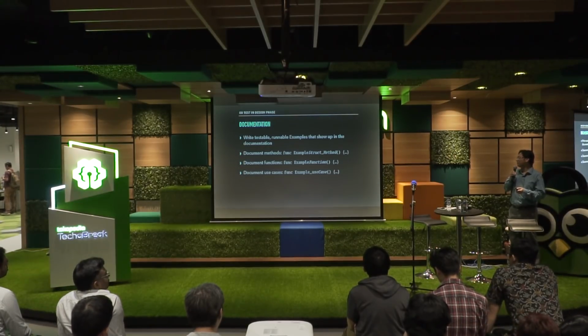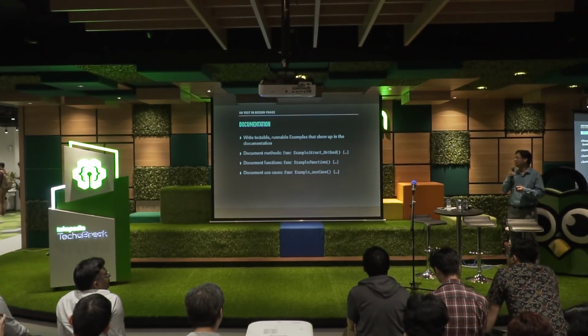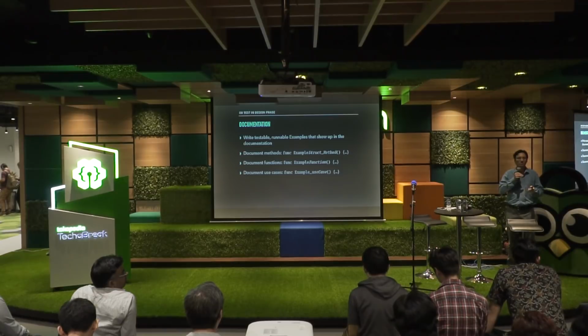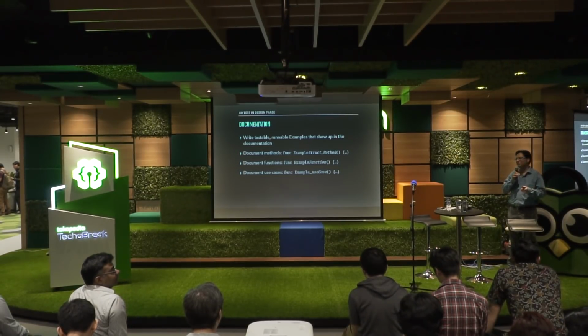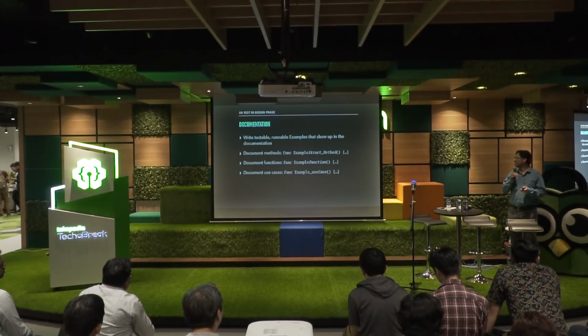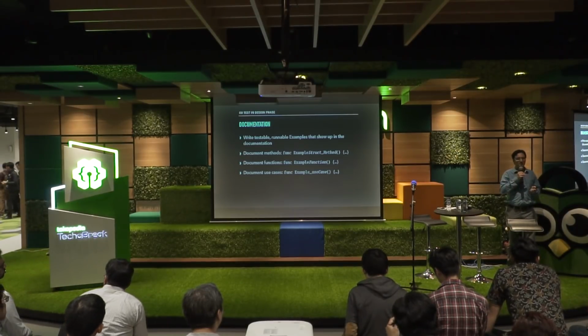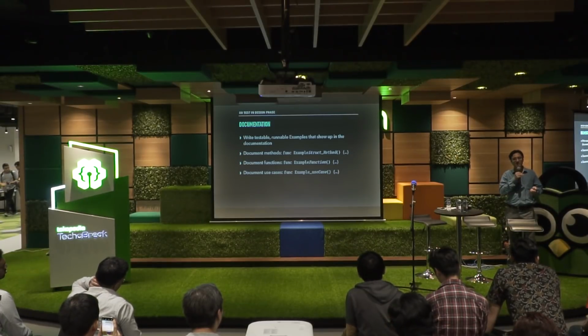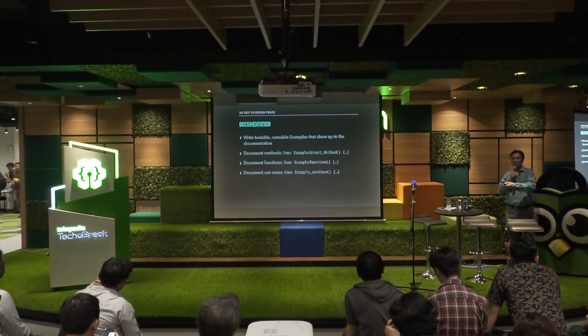If you want to document certain methods, you say func example and then your struct and then your method name. Like if you have a method foo.bar, you can show an example for it as example foo_bar. If you want to document a regular function, you just say example and then the function name. And if you want to document use cases, you can say example underscore and then your use cases.